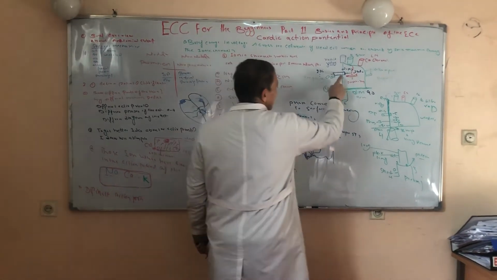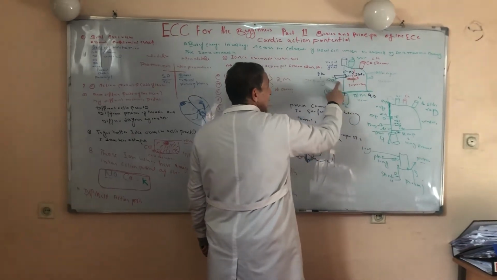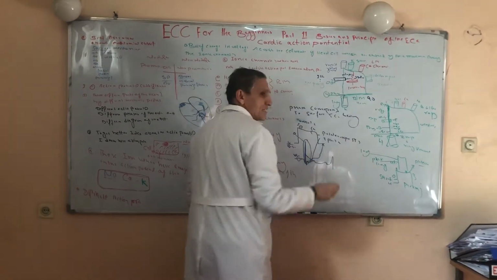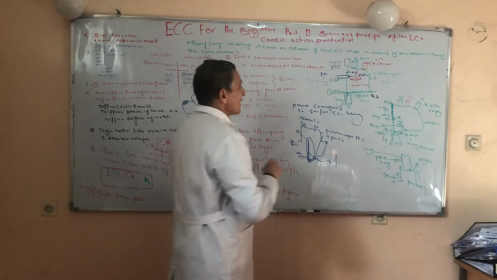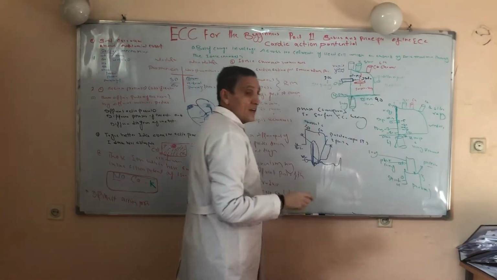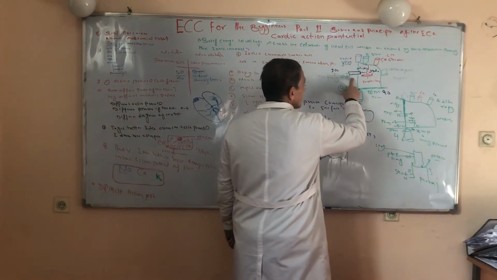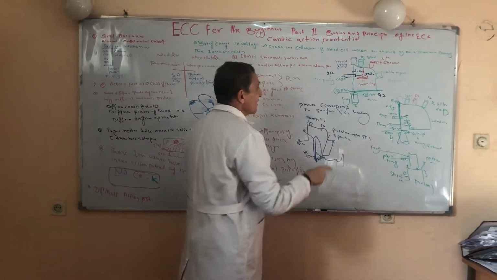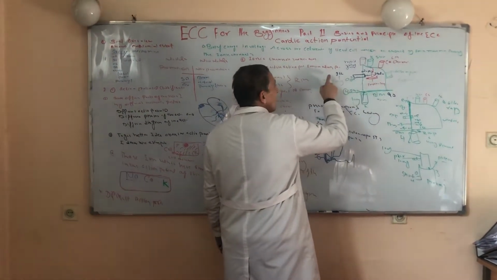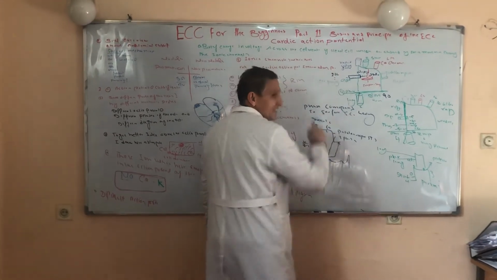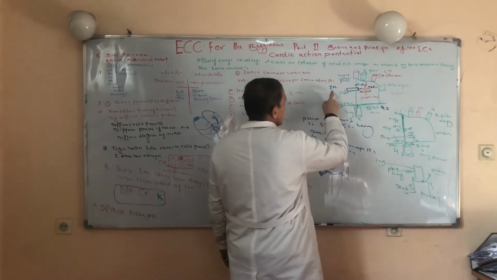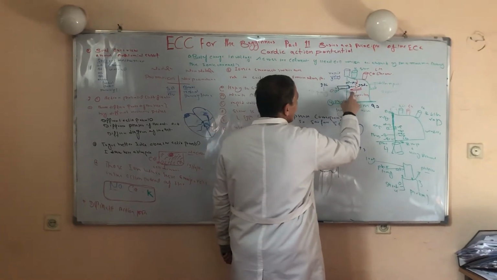As a result of the function of this sodium potassium ATPase, 2 things are produced. Remember, this sodium potassium ATPase is present in all cells of the body, but it produces 2 things. Number 1, a concentration gradient between the outside of the cell and inside of the cell.